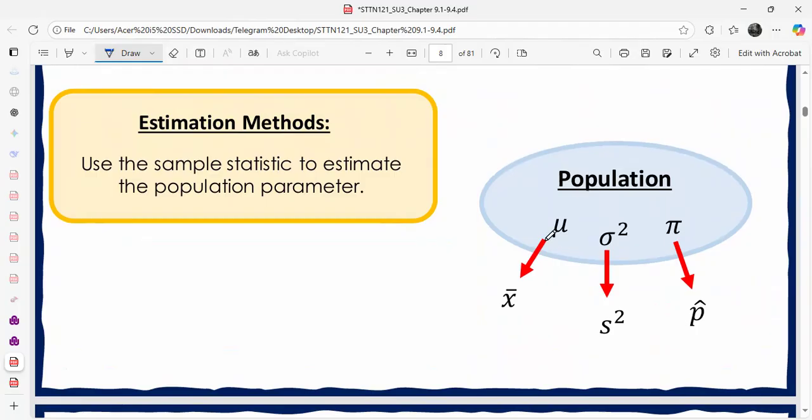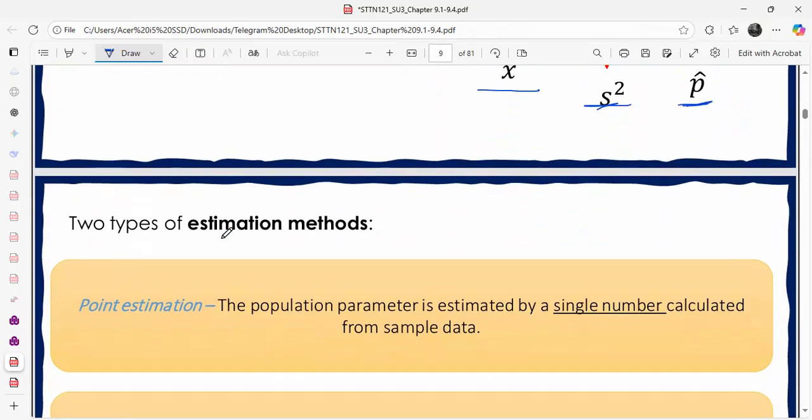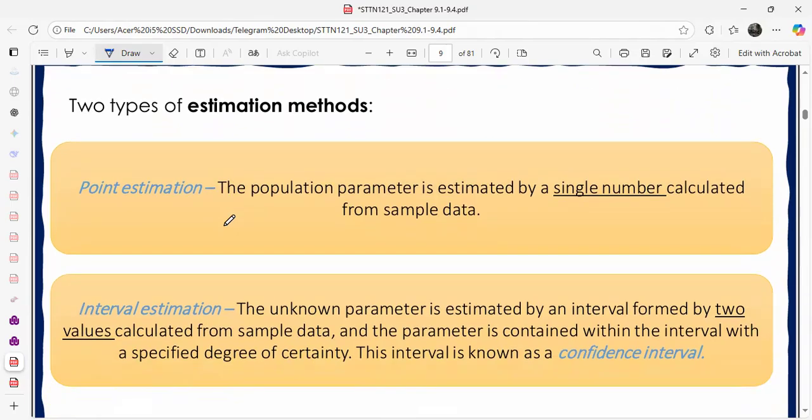Under the population, we have the population mean, the population variance, and the population proportion. Under the estimators, we have the sample mean, the sample variance, and the sample proportion.